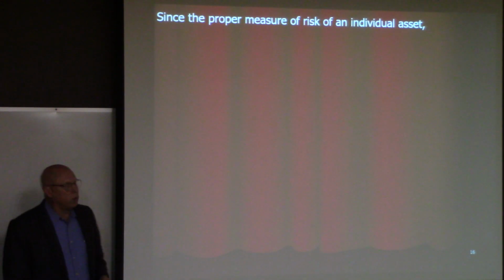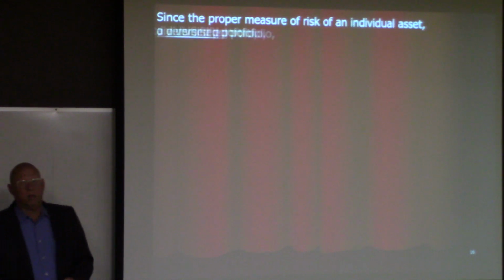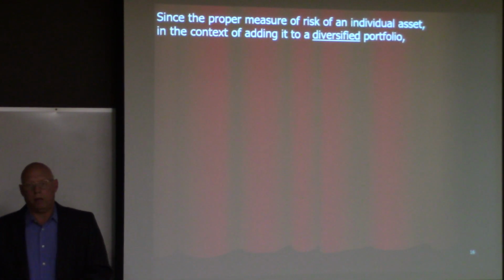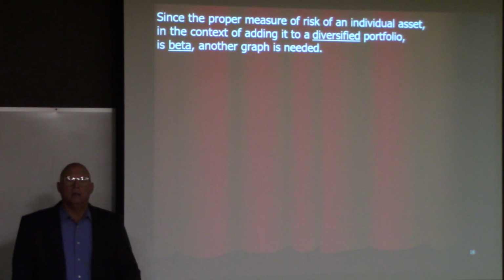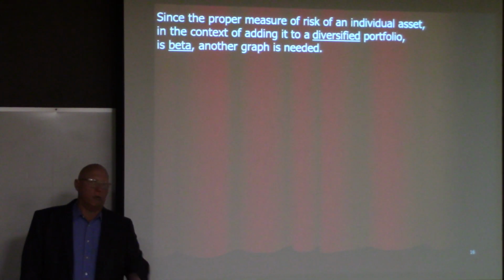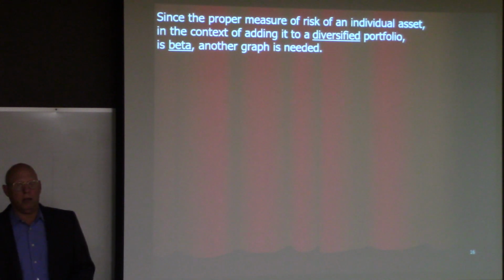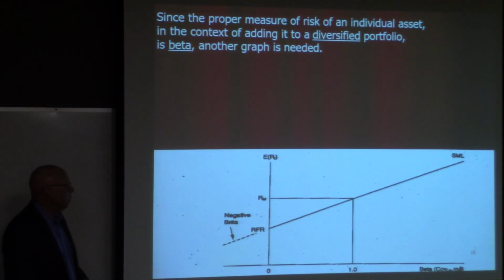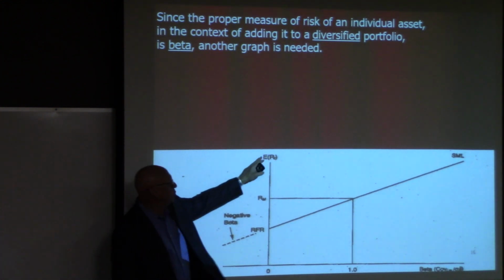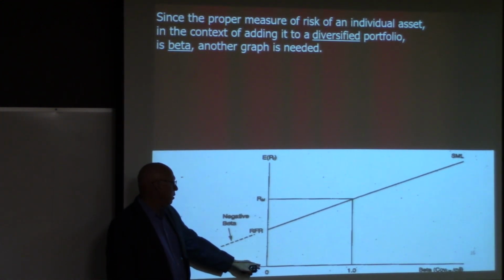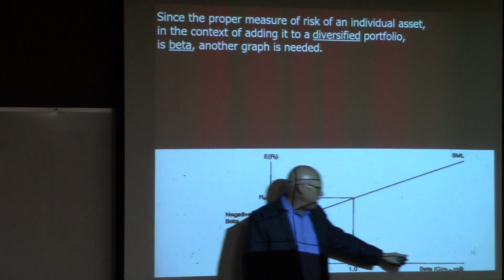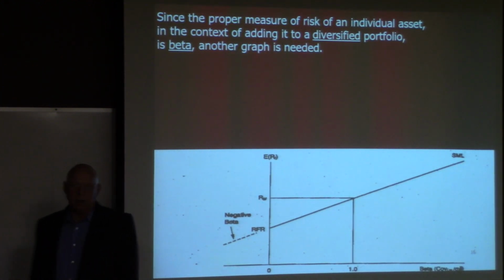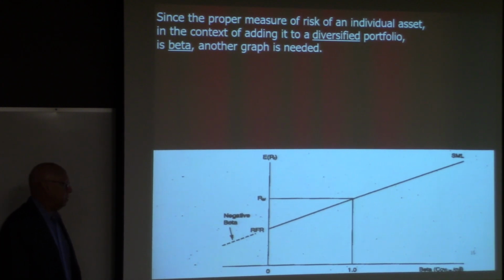Since the proper measure of risk of an individual asset in the context of adding it to a diversified portfolio is beta, we need another graph. So we're going to create another graph. Here we have expected return on the y-axis, and beta, not standard deviation, but beta, on the x-axis.